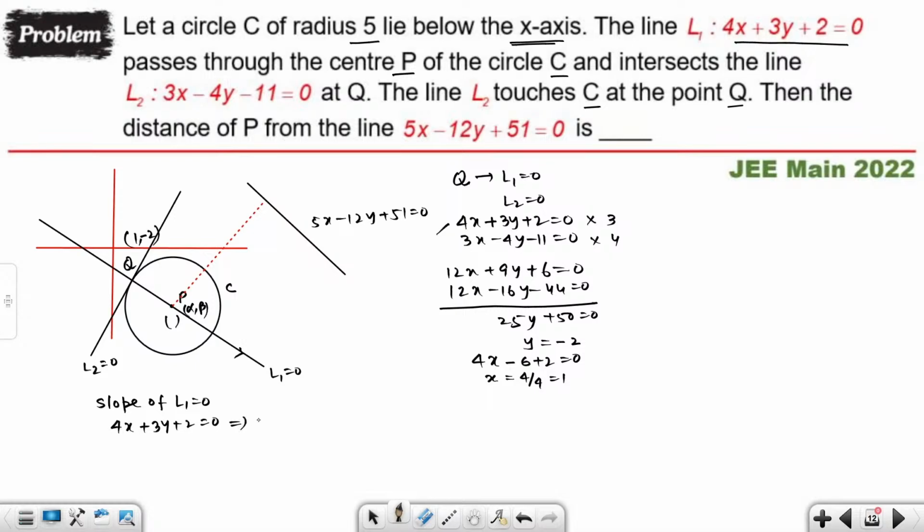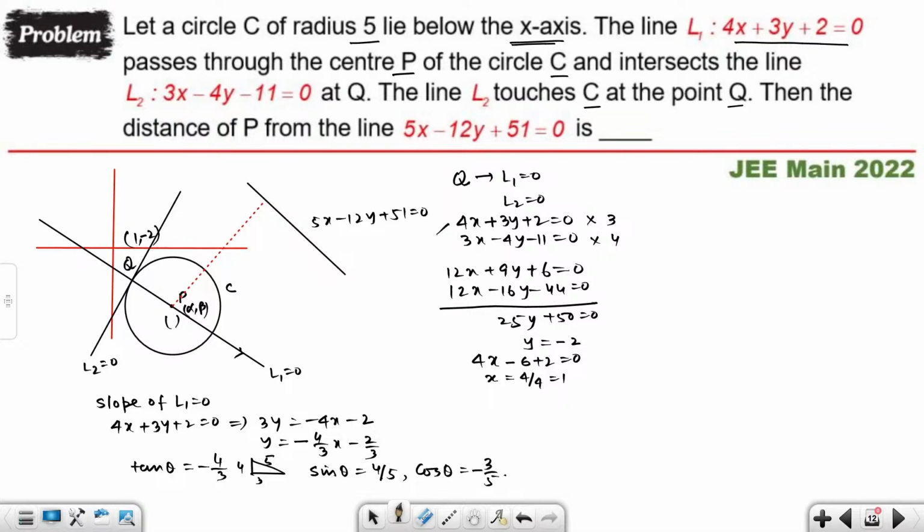So from here we can write, so y is coming to, so what is the slope of this line, tan theta? It's minus 4 over 3. So if I draw a right angle, this is going to come 5. Therefore my sine theta will be 4 over 5 and cos theta will be minus 3 over 5, right?